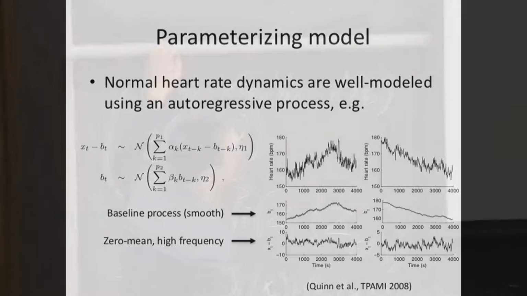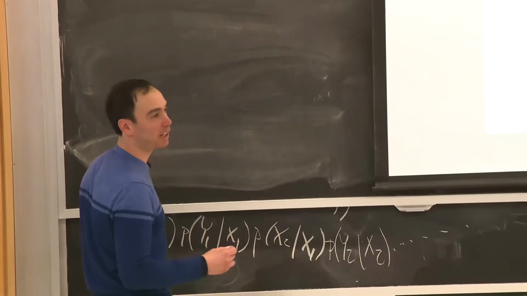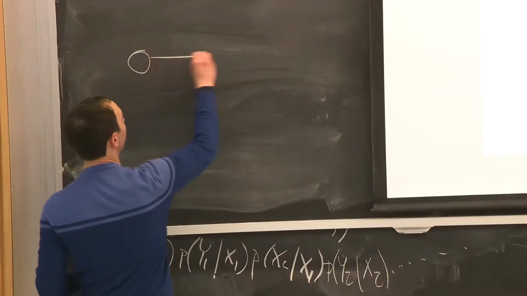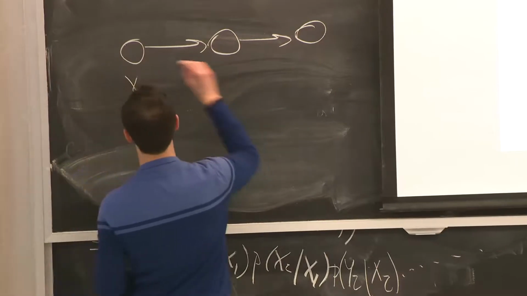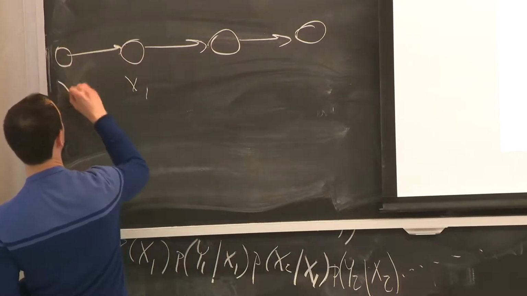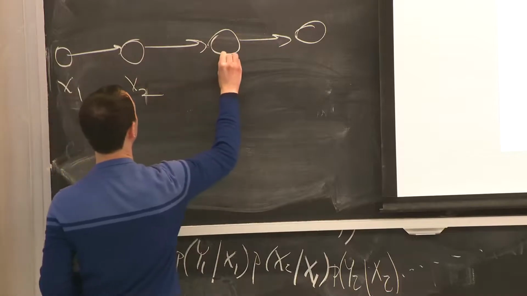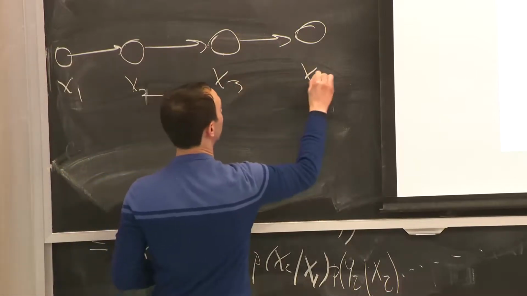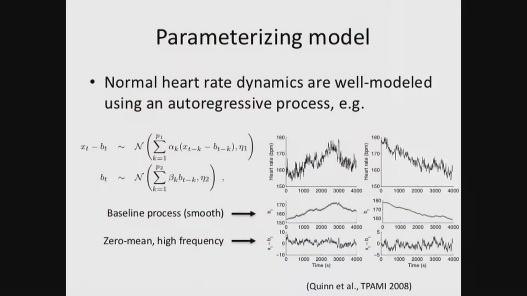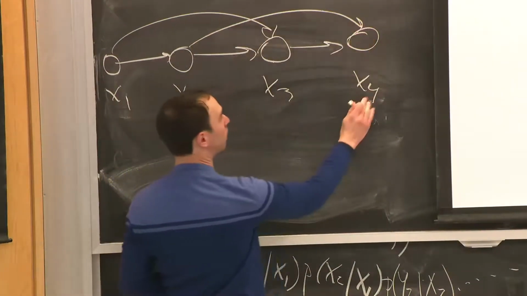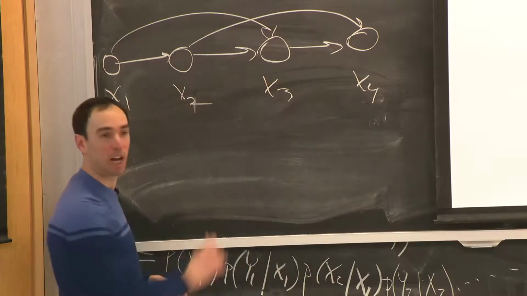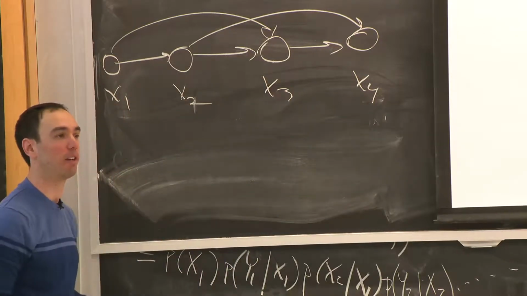If you're being a keen observer, you'll notice that this is no longer a Markov model. For example, if P1 and P2 are equal to 2, this then corresponds to a second order Markov model, because each random variable depends on the previous two time steps of the Markov chain.